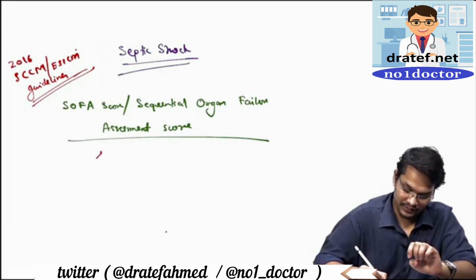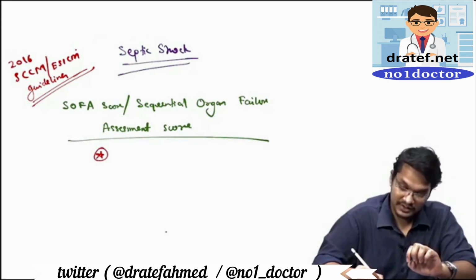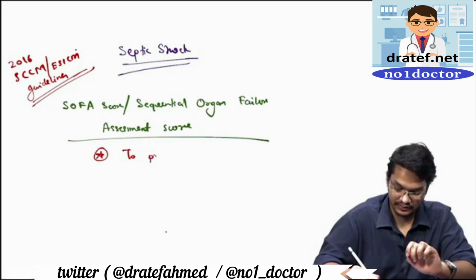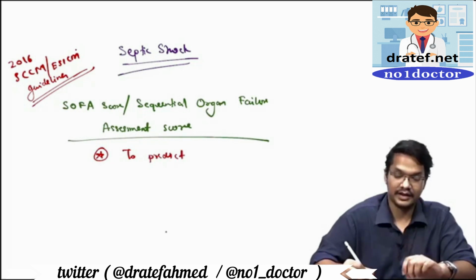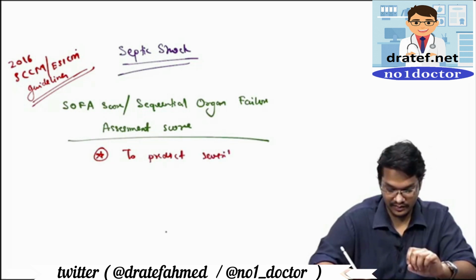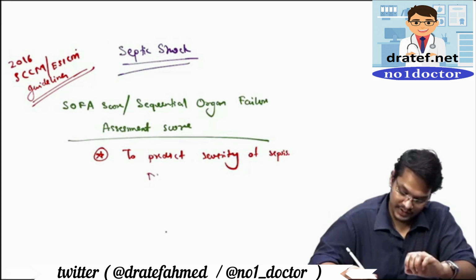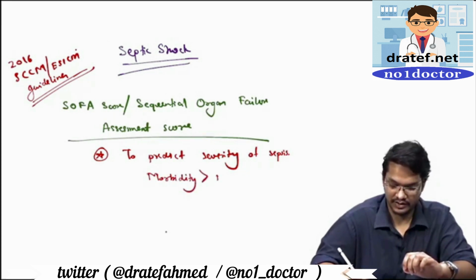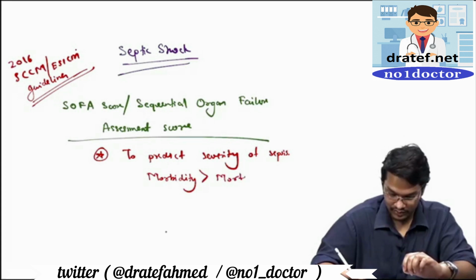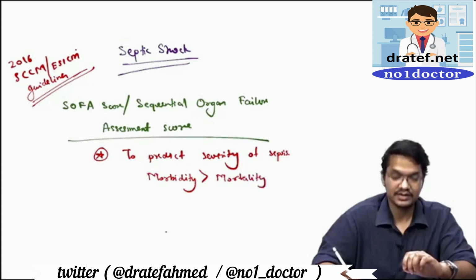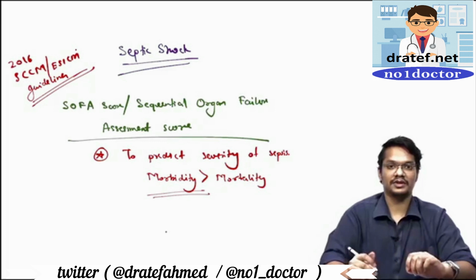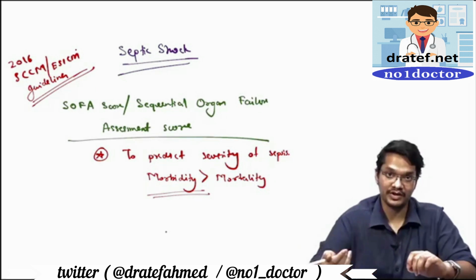The importance of this score is that it helps us to predict the severity of sepsis, and it is a predictor of morbidity due to sepsis more than mortality. It will tell us about both, but if asked, it is more a predictor of morbidity due to sepsis.